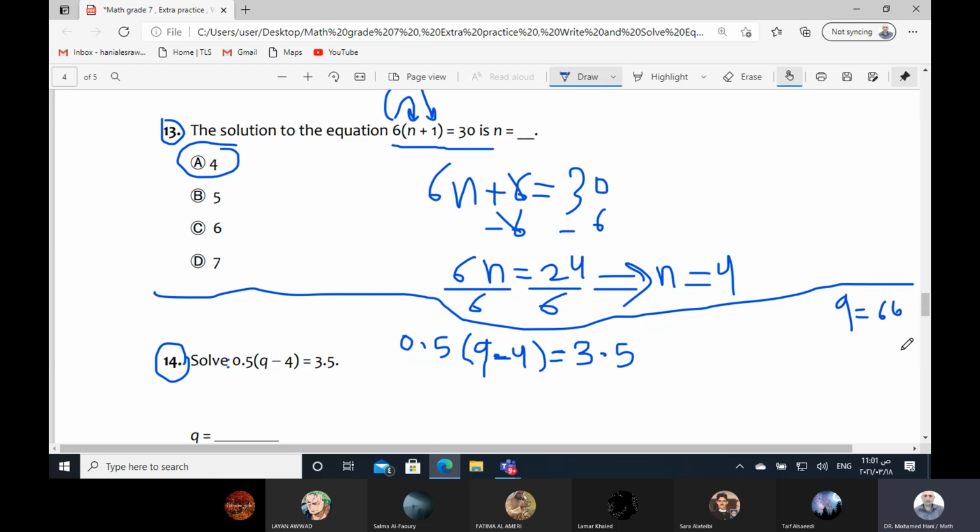Who has a different answer? Q equals 11. Lamar said 66 and Rayan said 11. Thank you, Rayan. Who has a different answer? Sorry, I forgot to change the sign, so it's 11 too. So Taif and Layan and Lamar said q equals 11. Who has a different answer?